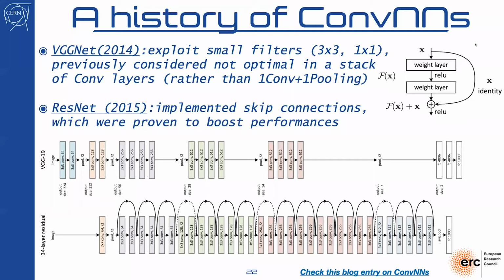Things like this in an image processing algorithm can happen very often. Sometimes you want to learn a perturbation, and you are better at learning a little perturbation as opposed to learning the absolute value. The skip connection allows you basically to focus on the perturbation and then to add back the input.